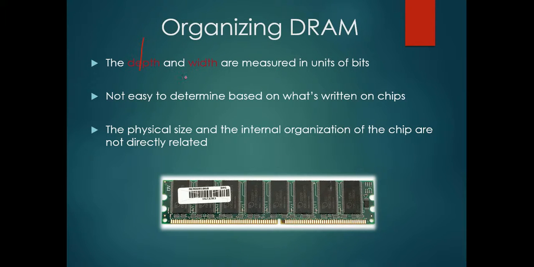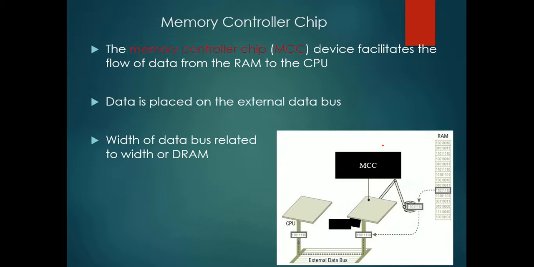The depth and width of this DRAM are measured in the form of bits. Remember, these are measured in bits, and it is not easy to determine based on what is written on the chips like this, but you do have a configuration where you can find it. The physical size and the internal organization of the chip are not directly related.